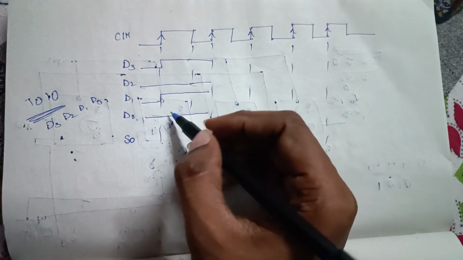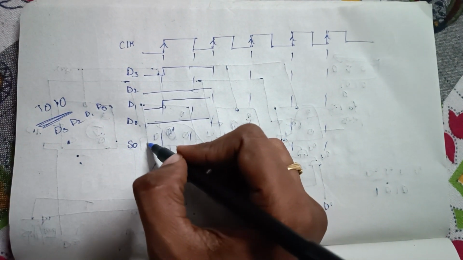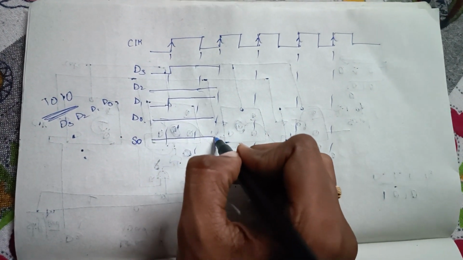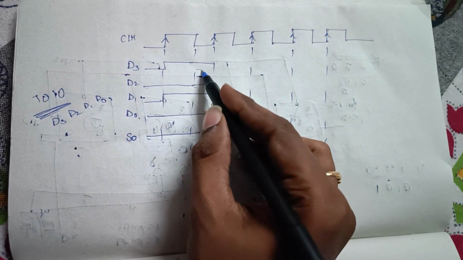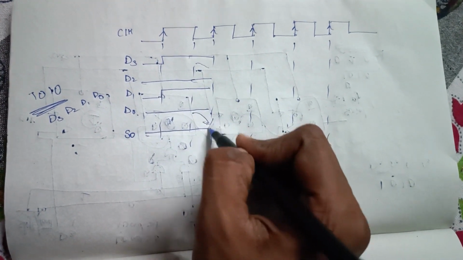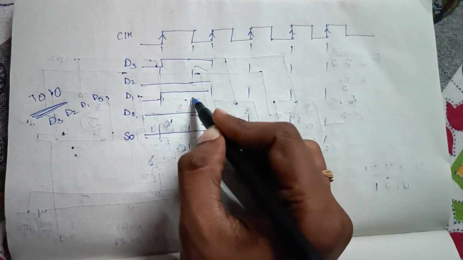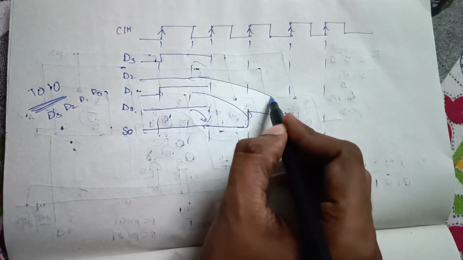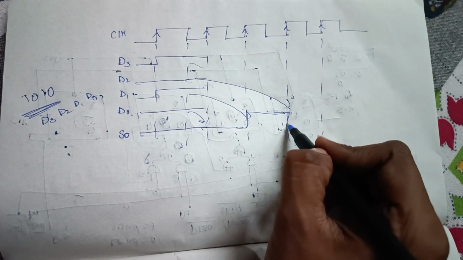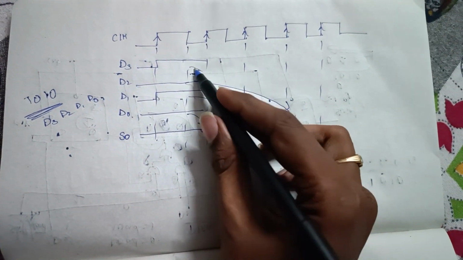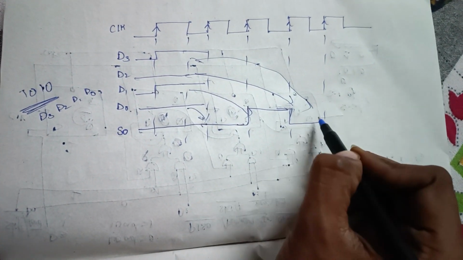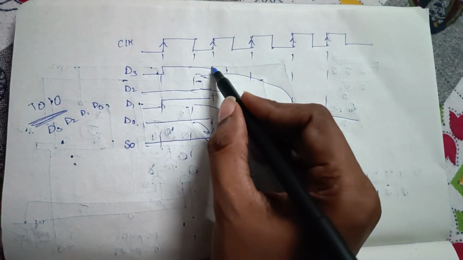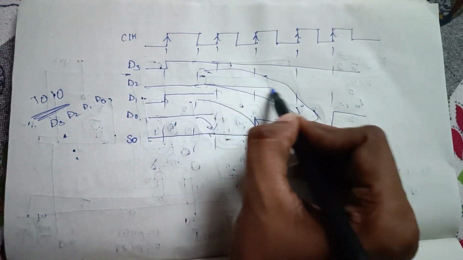Now first D0 will come out, and in the next clock cycle D1 will come, and next D2 will come, and next D3 will come finally. It will continue like this.